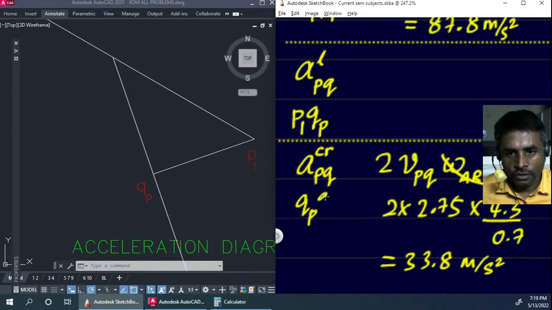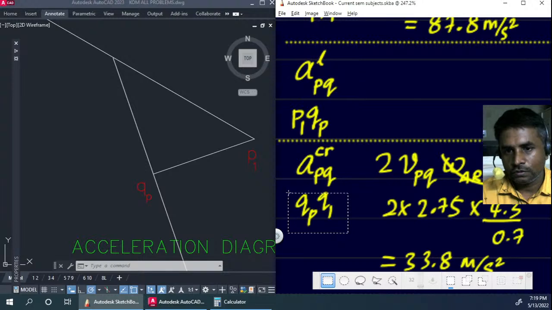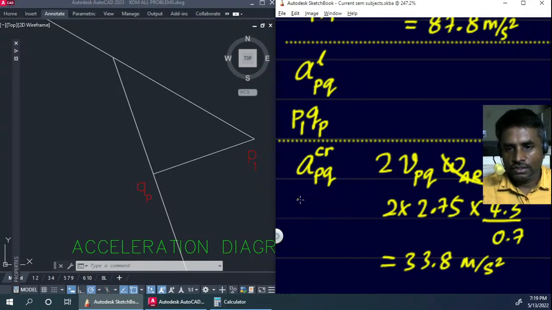So this has to be Q1. Or we could take the parallel line in the backward direction, or is there something that I've done wrong? I guess we've got to take it in the reverse direction. So this is a bit confusing here.